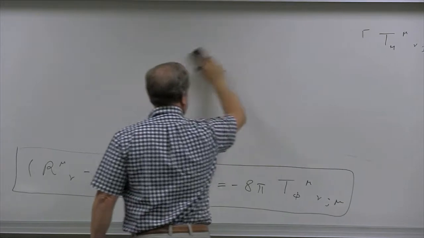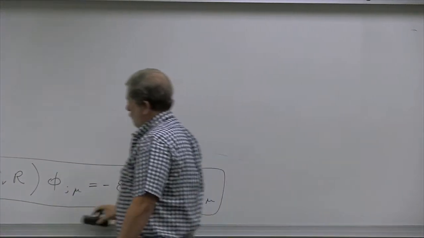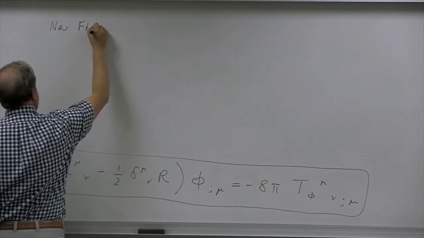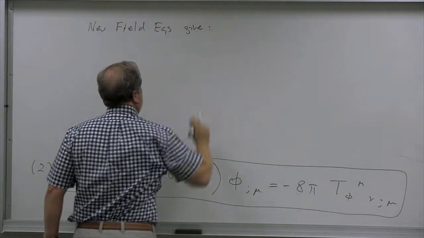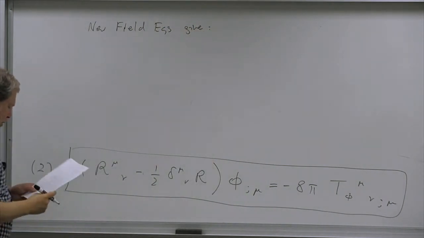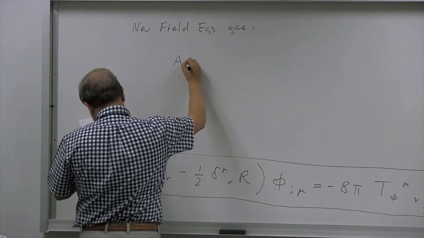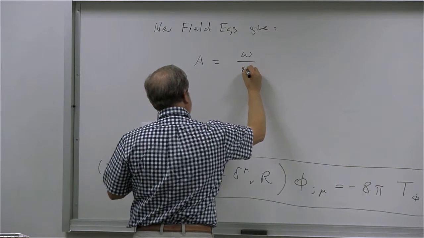So the new field equations, for those 4 arbitrary functions, give A equal to omega divided by 8 pi phi.